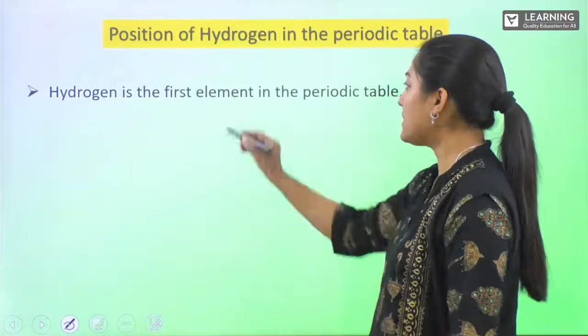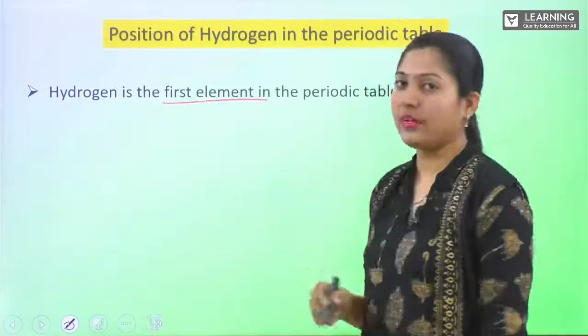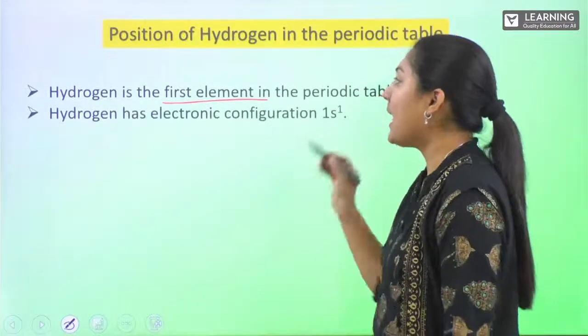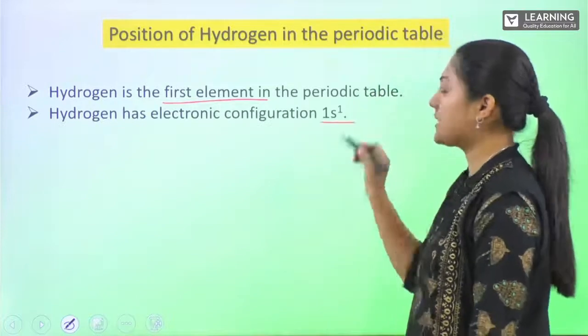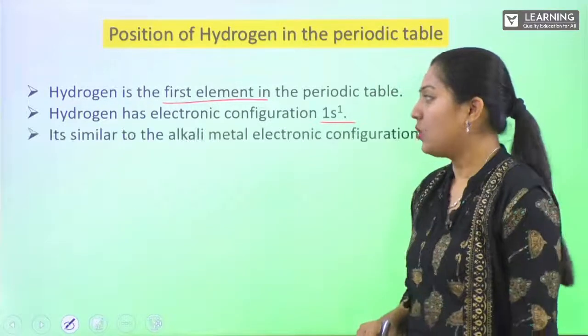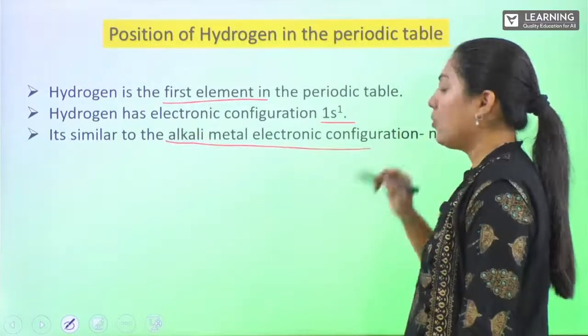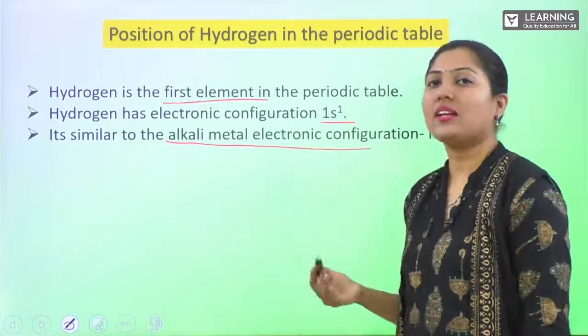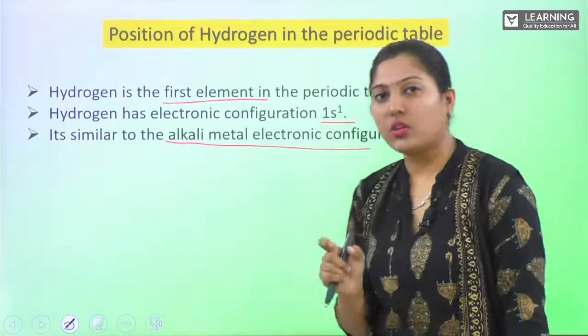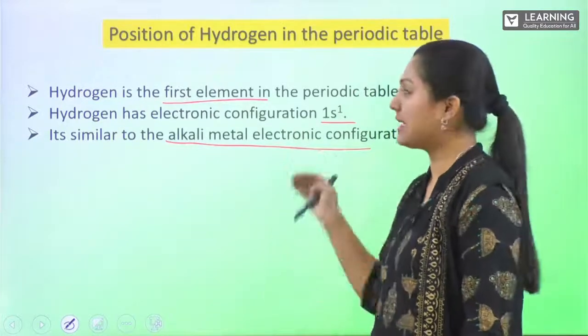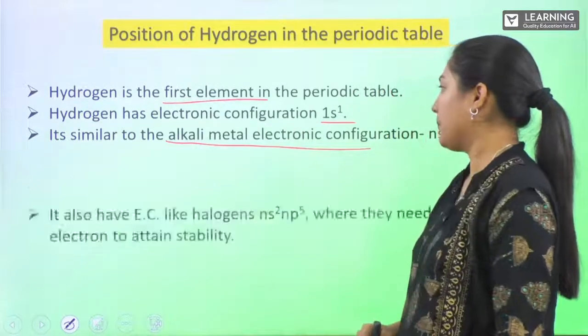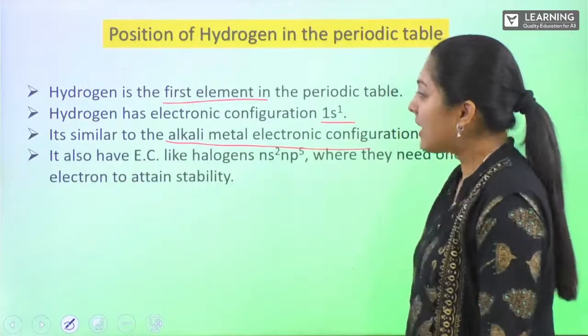Hydrogen is the first element in the periodic table, and it has the electronic configuration 1s1. It is similar to that of alkali metals, where ns1 is the outermost electronic configuration for alkali metals, that is, group 1 metals.